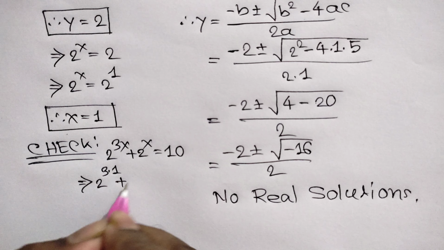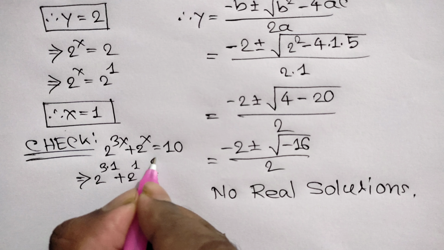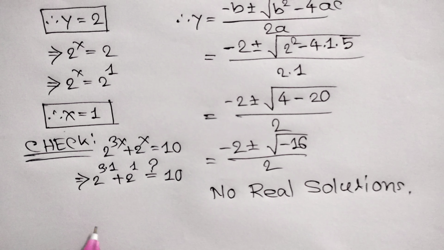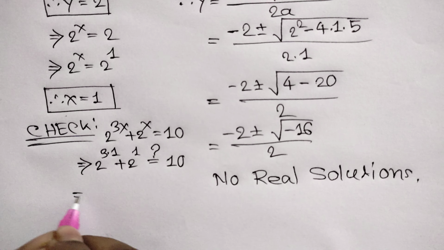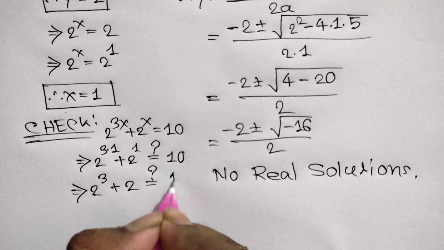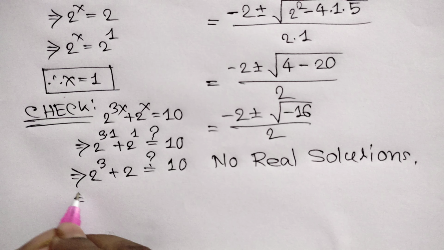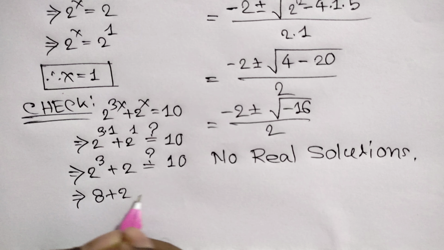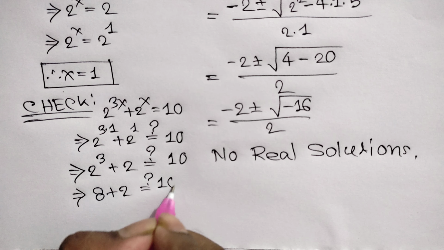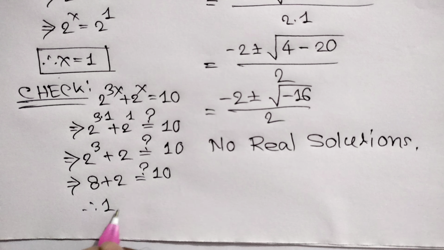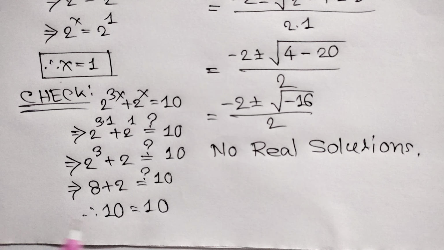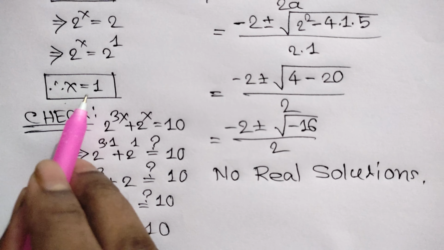Here x is equal to 1, so we can write 2 to the power 3 times 1 plus 2 to the power 1, is it equal to 10? 2 to the power 3 times 1 is 3, plus 2 to the power 1, that means 2, is equal to 10. Or 2 to the power 3, that means 8, plus 2, is it equal to 10? Now we know that 8 plus 2 is 10, so we can write 10 is equal to 10. So our final answer x is equal to 1 is correct.